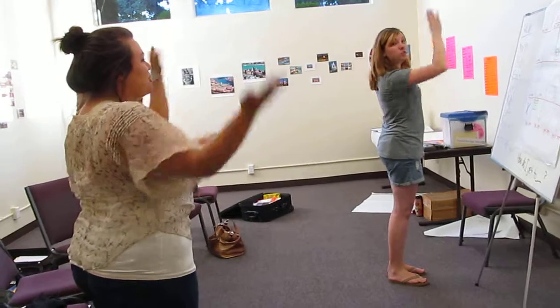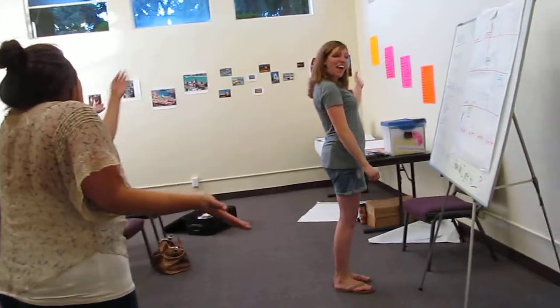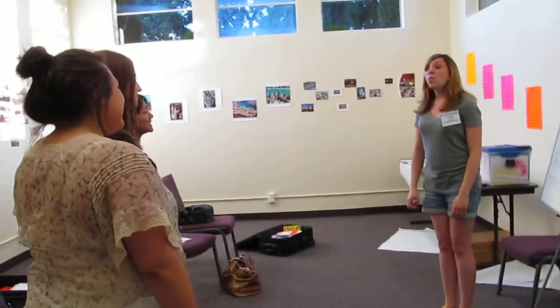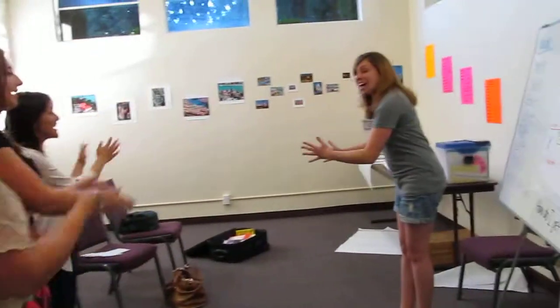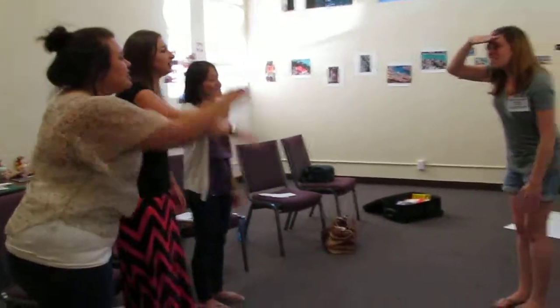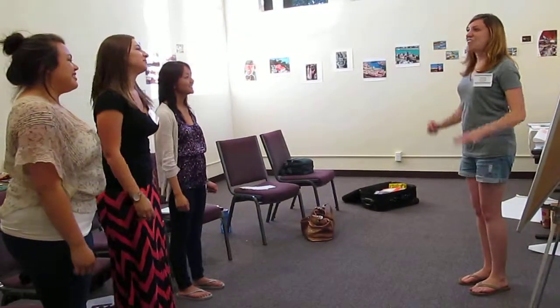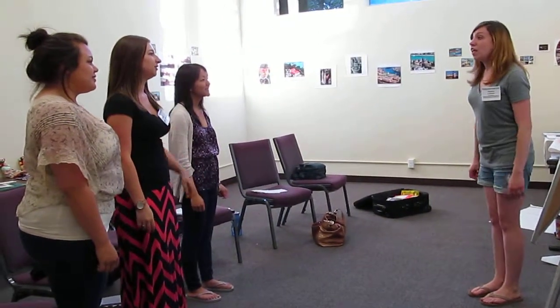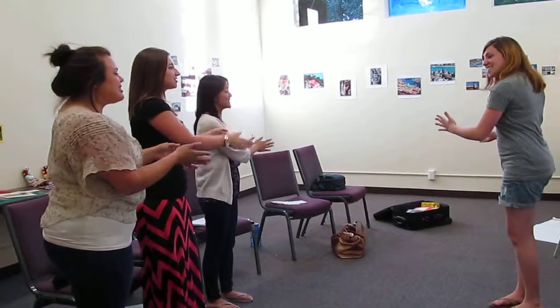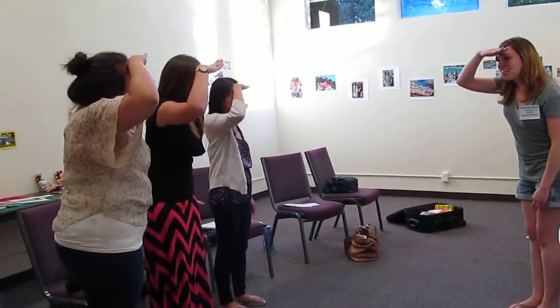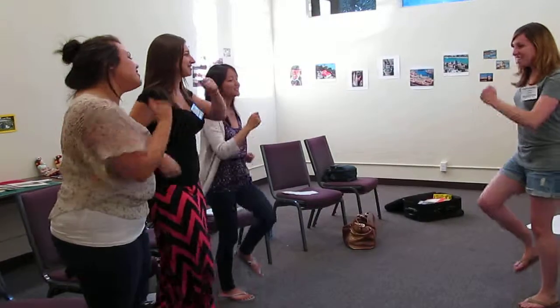I might turn right or take a left. Will you be next to me or watch me from across the street? We'll do that part again. Very good. Okay. Will you be next to me or watch me from across the street?